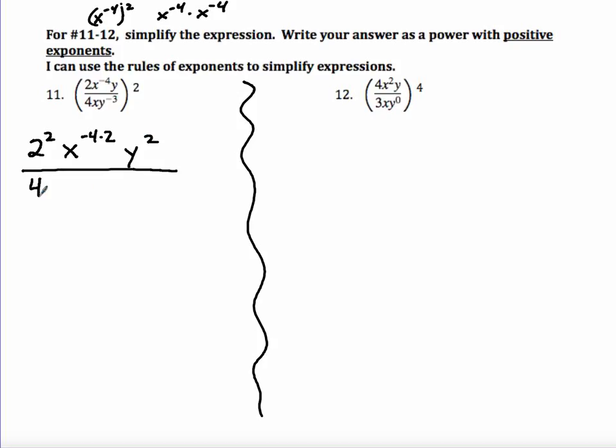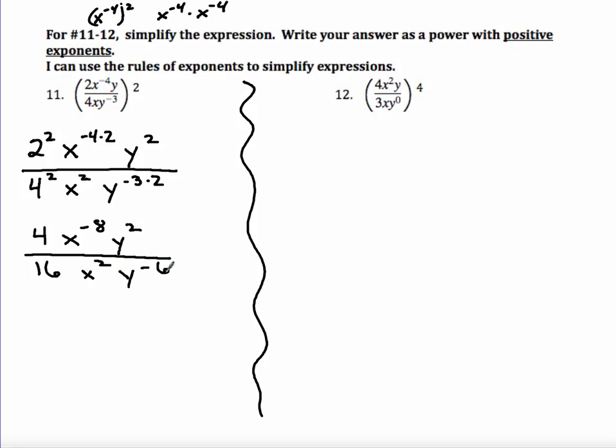On the bottom, I have 4 squared, I have x squared, and I have y to the negative 3rd squared. So we can go ahead and simplify that. 2 squared is 4, x to the negative 8th, y squared, over 16 x squared, y to the negative 6th. So now I'm going to go ahead and separate this out into my different pieces.